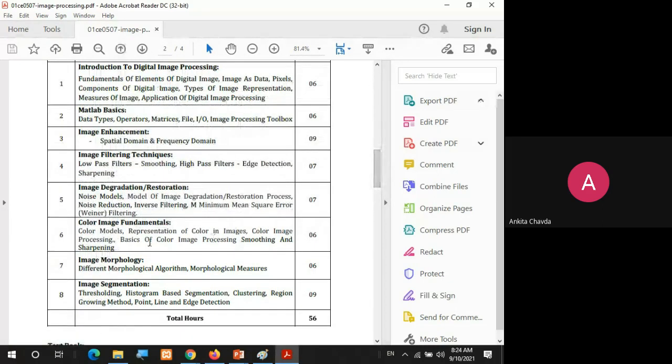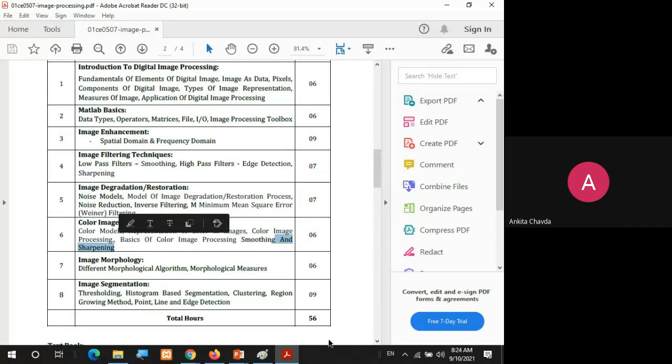See, the last topic is smoothing and sharpening. Still, that only we need to see. Six, this six, that is what we will finish today. So you have color models, representation of colors in the image, basic color image processing, smoothing and sharpening. Very few topics they have given, but we have included everything that is in the book.